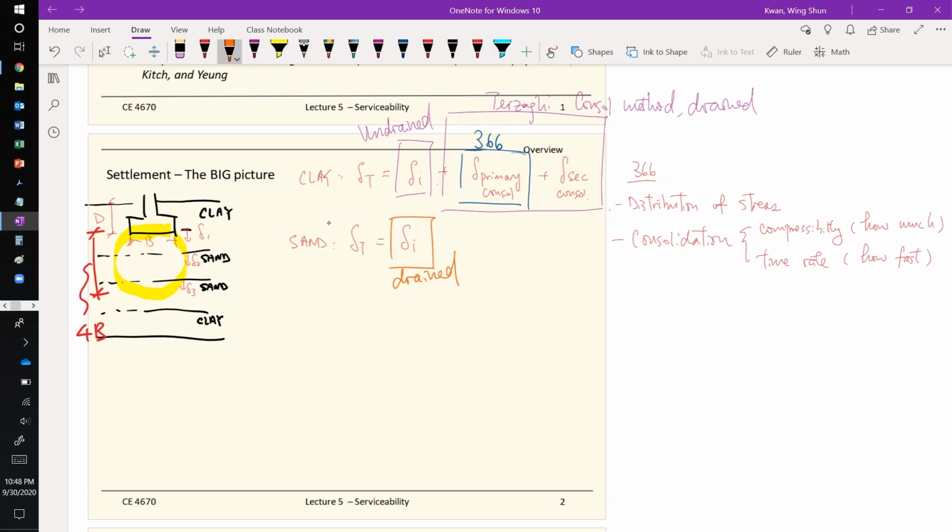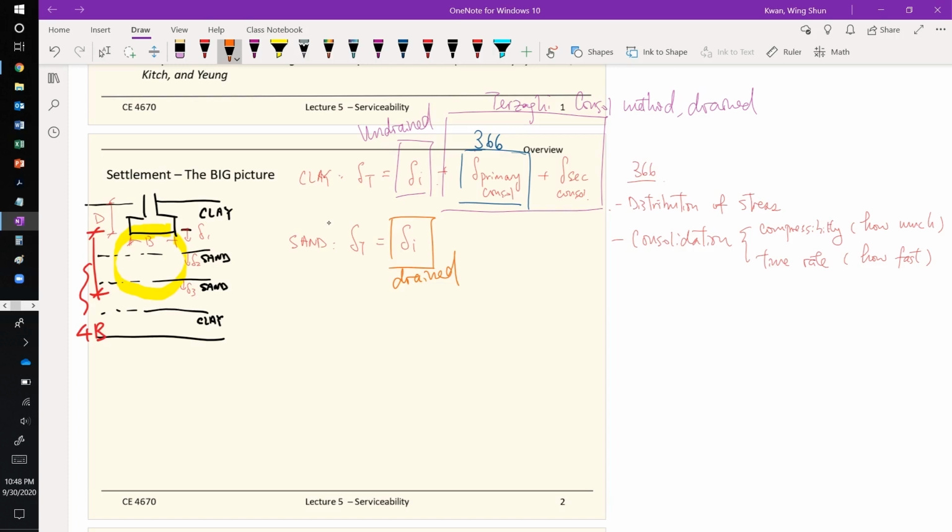Within that short period of time, even though you have a very permeable layer like sand, there is still not enough time for the water to escape the soil layers, the sand layers. So for seismic design for sand, you have undrained conditions, so be very careful.